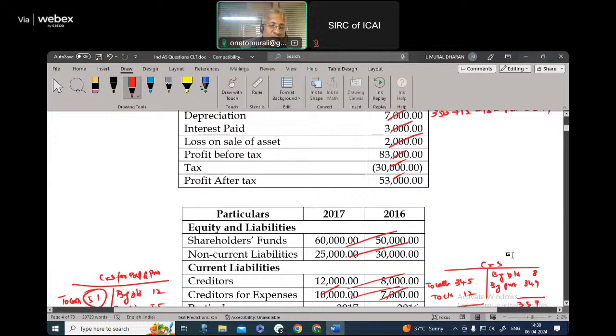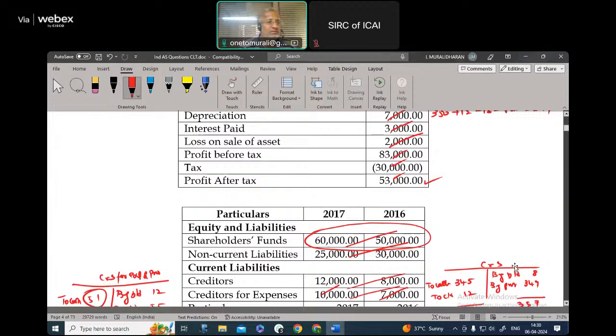See, one important thing that we understand is that profit after taxation you have. So by looking into shareholders' funds, I took it up as raising of that, but we are expected to do it in a different way. That is an area where we need to concentrate.